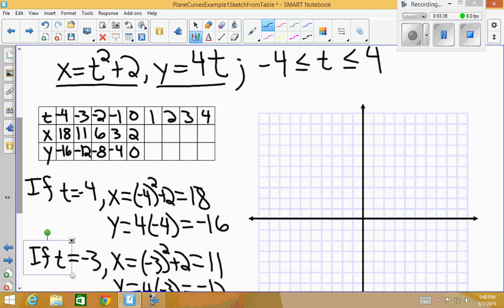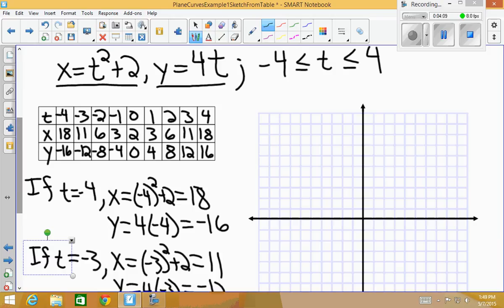If t is 1, then x is 3, and y is 4. If t is 2, then x is 6, and y is 8. If t is 3, then x is 11, and y is 12. If t is 4, x is 18, and y is 16.